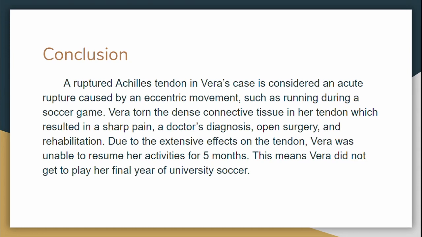Due to the extensive effects on the tendon, Vera was unable to resume her activities for 5 months, causing Vera to miss her final year of university soccer. We hope she moves on to better things.